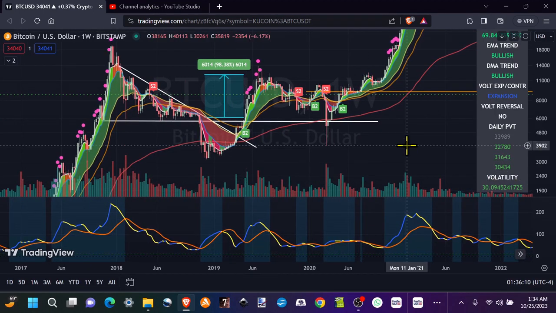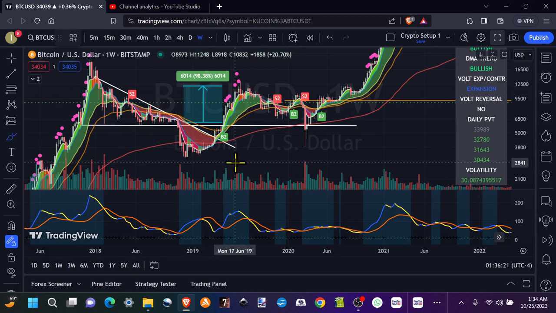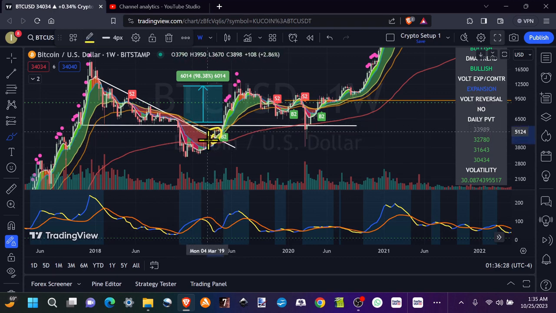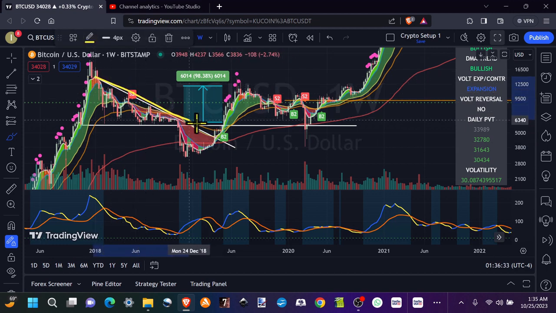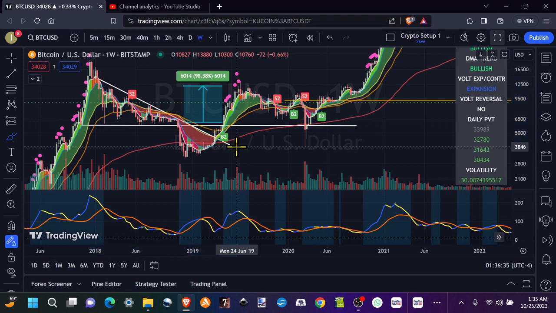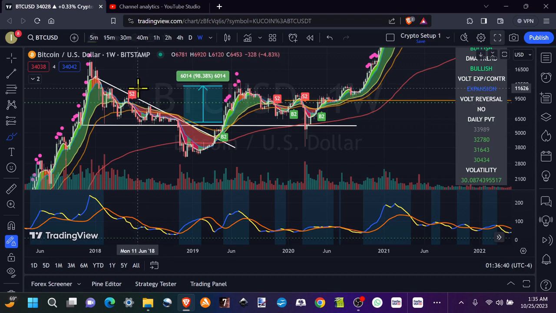That bear market started in 2018, and it lasted until we had those three signals once again. The three signals are, once again, a break of this descending diagonal resistance line, after a red cloud, and that red cloud is confirmed by an S2 signal, which is a bear market.